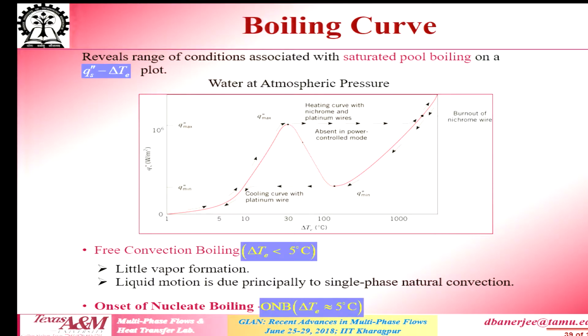And then if you exceed the temperature more than the maximum heat flux point, things go a little uncertain, and what you have is the boiling instability. At that point, depending on the history of your heating or the amount of heat flux that you are supplying to the system, your curve can change. But if you are in a constant heat flux mode, any marginal increase in heat transfer above this critical heat flux point, you actually end up in the film boiling curve.